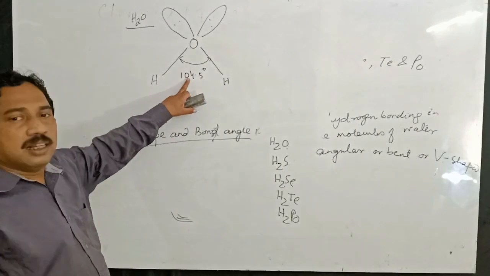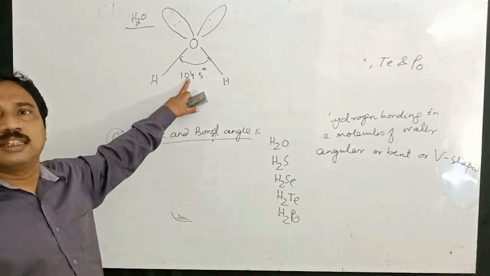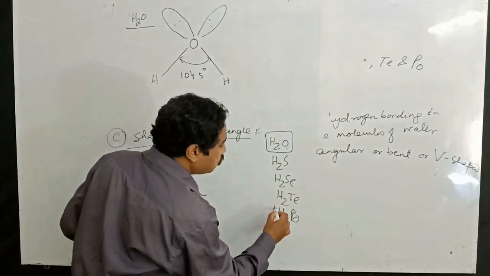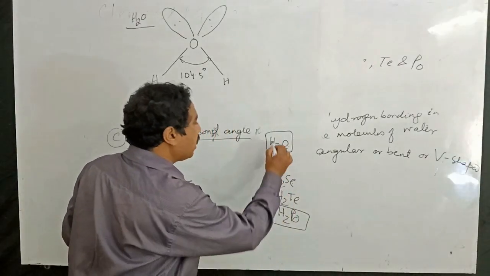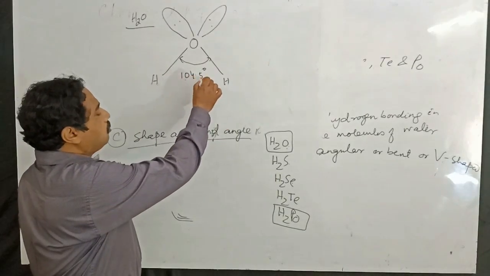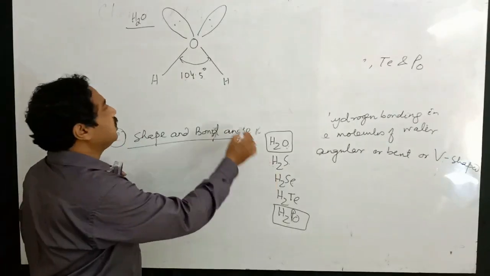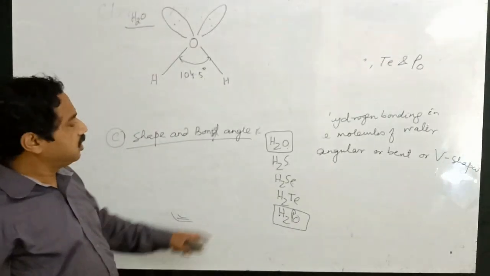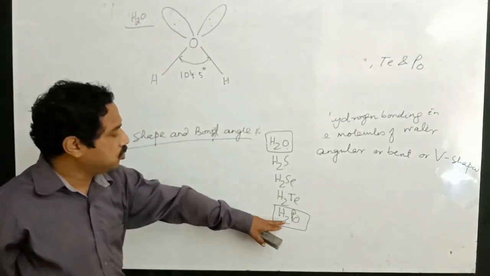This bond angle gradually decreases if you go from H2O to H2Po. Suppose water has 104.5 degrees. In H2S, it is less than 104. The bond angle gradually decreases if you go from H2O to H2Po.